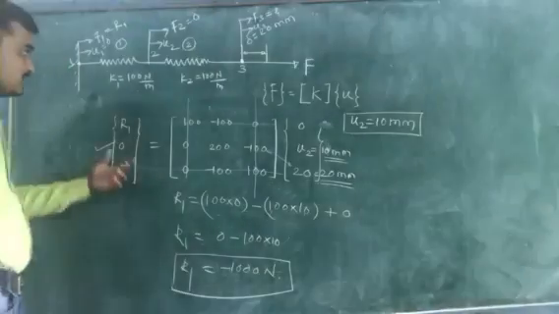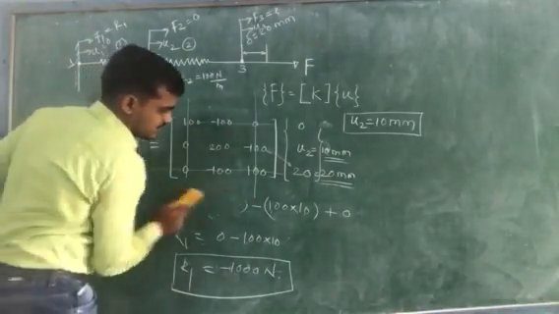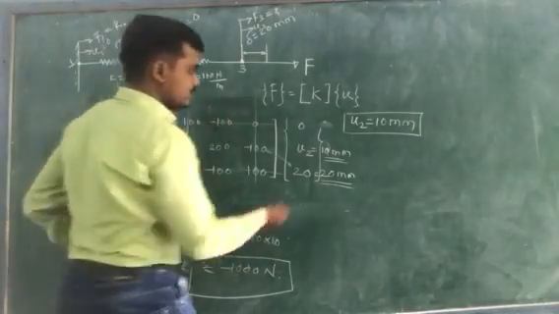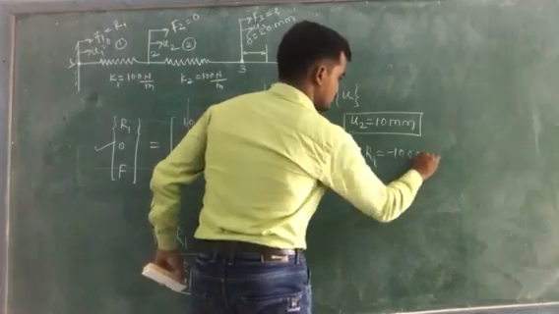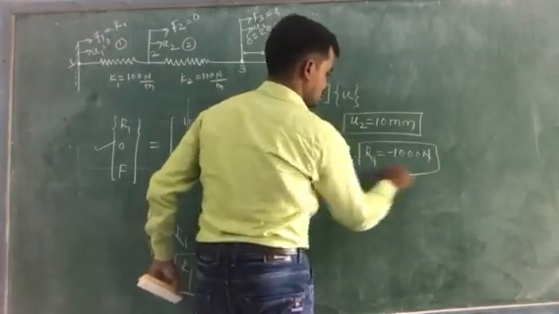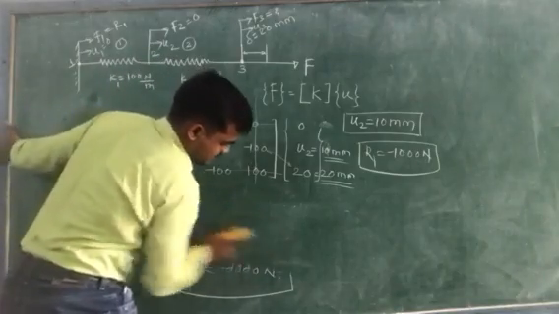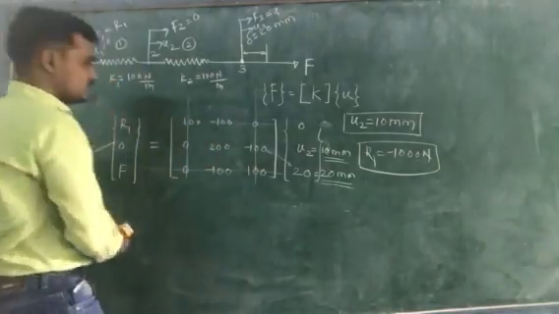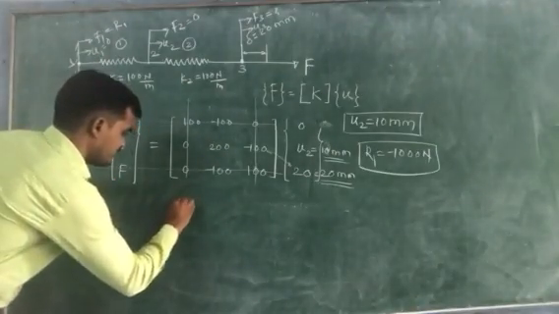Similarly, now to find the value of F, we can apply the same approach. So here you will get R1 equal to minus 1000 Newton. Now, to find the value of F, write down this equation.